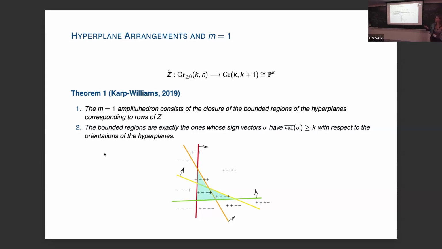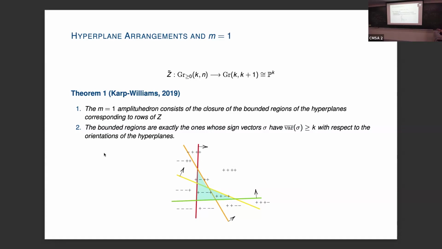And then the bounded regions are exactly the ones whose sign vectors have var at least k, which in this case is 2. So indeed, these 3 regions have 2 sign changes, and the others have 1 or fewer, or 0. All right, so we have this characterization for the m=1 amplituhedron, and these results also hold for the case of tame Grasstopes.